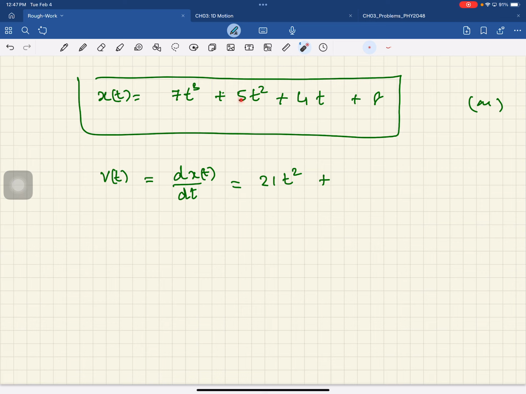Okay, the constants just multiply 2t, so 2 times 5 is 10, 10t. Derivative of t is 1 with respect to t, so that's 4. And the derivative of a constant is 0. Okay.